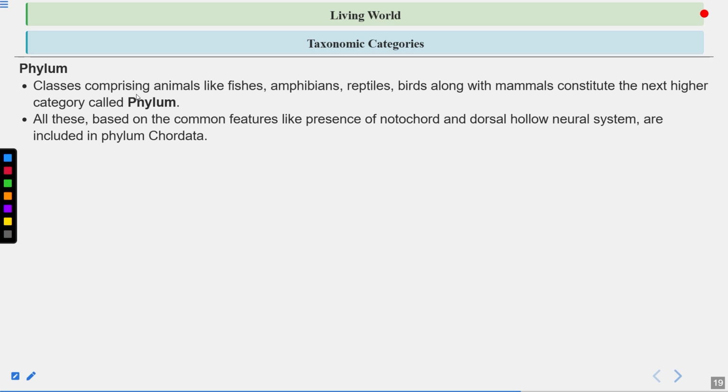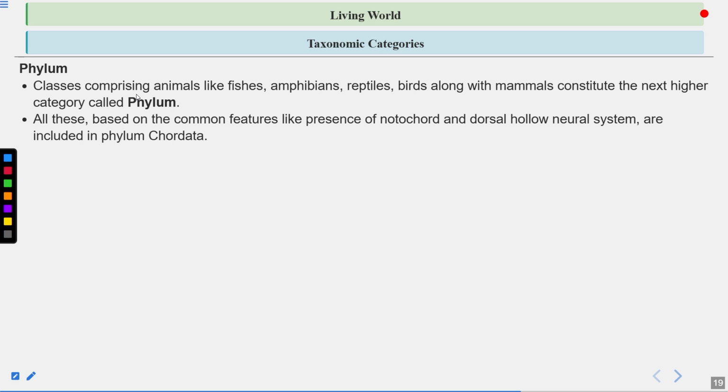So what is the feature of phylum Chordata? The members of the phylum Chordata have a notochord and they also have a dorsal hollow neural system. Clear? So what is a notochord? Notochord is usually seen in the embryonal stages. Clear?